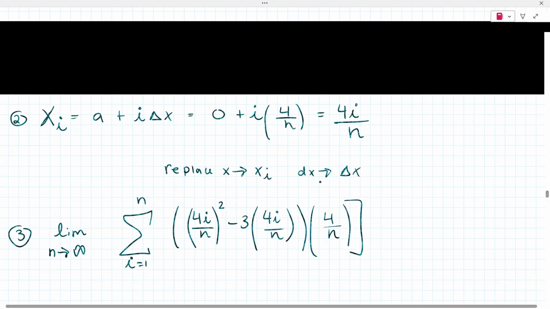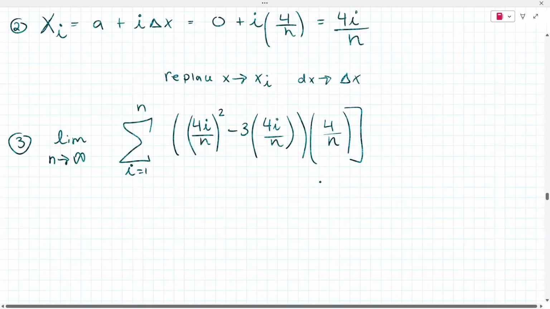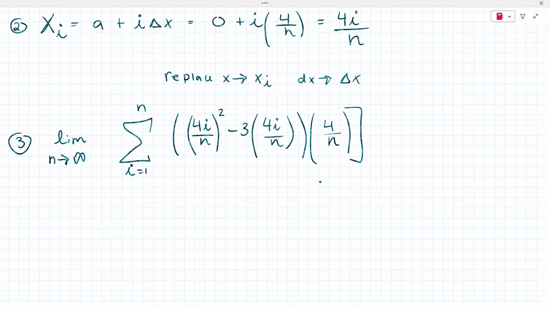Okay, now we have to do some algebra. We have to FOIL it out. I know it's a pain. You have to write it out again, the limit as n approaches infinity of this summation. 4i over n squared is going to be 16i squared over n squared.